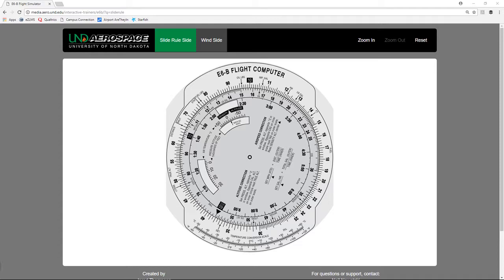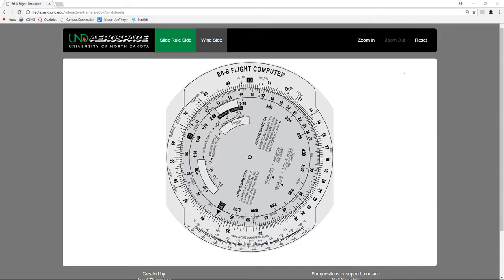In the first example, we have a known ground speed of 130 knots and a known distance of 0.5 miles. If we're on a flight, for example, we may already know our ground speed, we know the distance between points A and B, and we are trying to determine the time between those points.